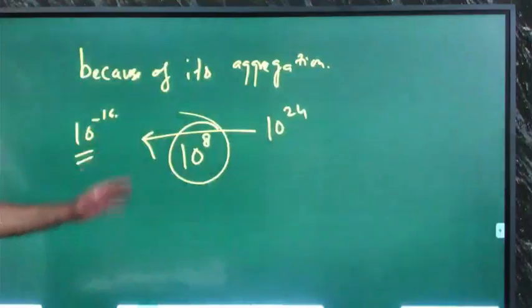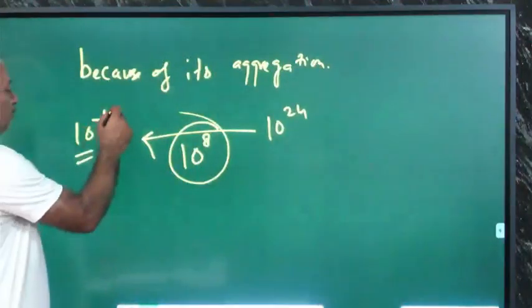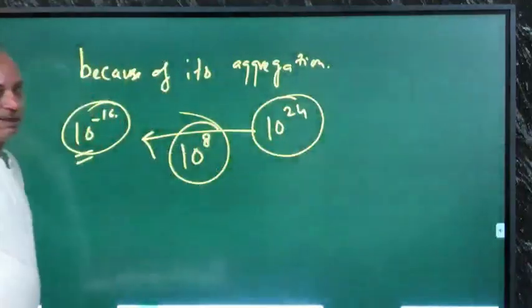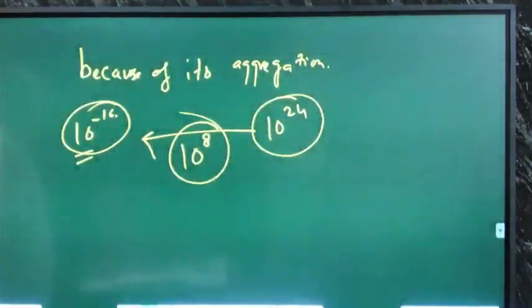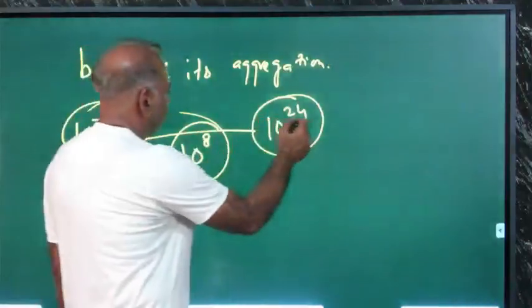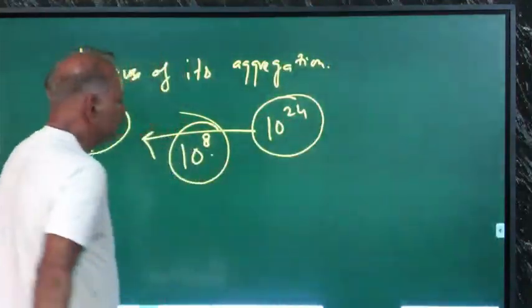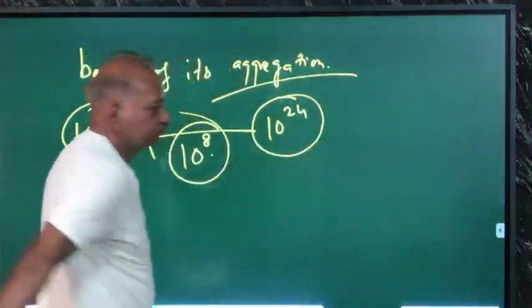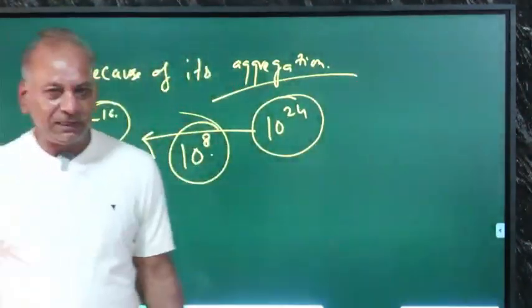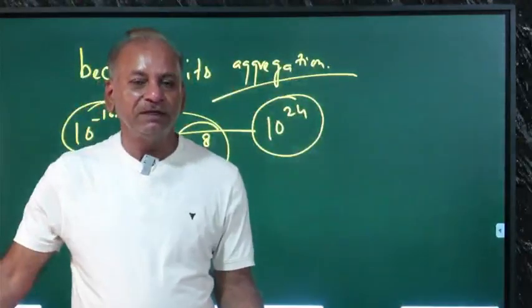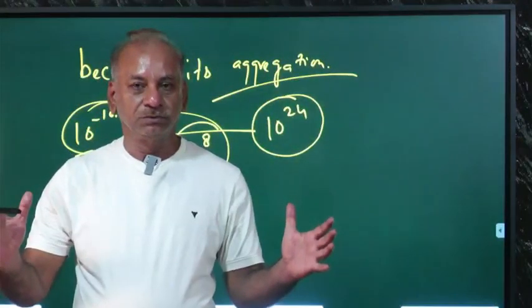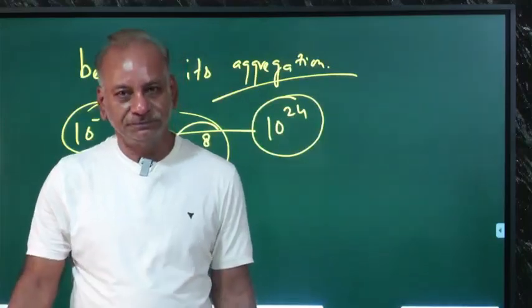Because in multiplication of powers of 10, the powers are simply added algebraically, right? So 24 minus 16 may become 8. That is the power of aggregation. Like very small particles aggregated to a big stone. This is called aggregation, right?